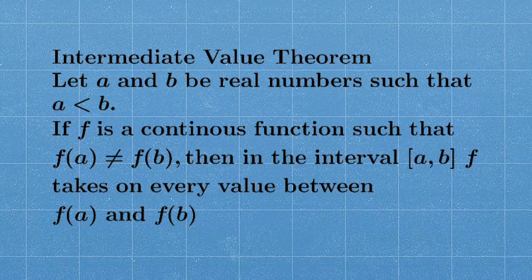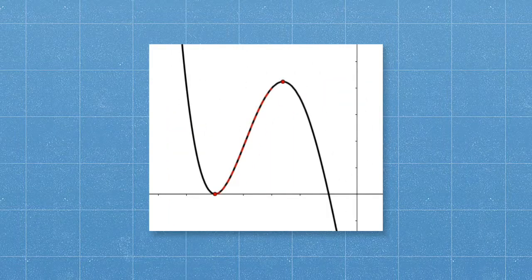Now, this is much more of a mouthful to say, but the meaning is the same. You pick 2 points on the function. Because it's continuous, it's impossible that the function doesn't take on every y value between those 2 points. So once again, if we look at this picture, between the 2 red dots, every possible y value is taken by the function.